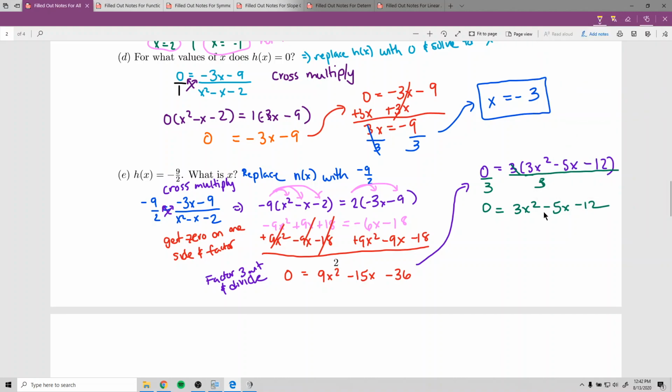And now, as far as solving this, we can't factor it anymore, so we have to use the AC method. We've done that a couple times in these videos. So I'm not going to do it all out written again, but I'll just explain it real quickly. 3 times negative 12 is negative 36.